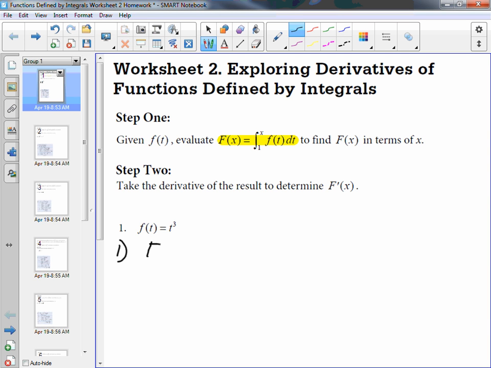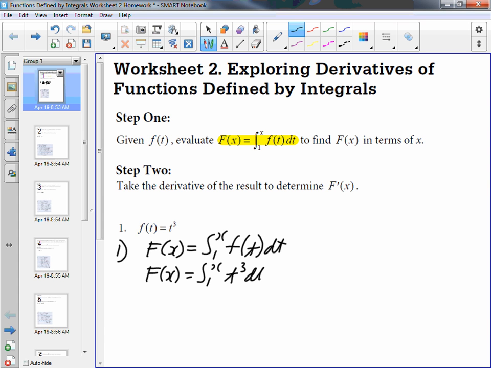Capital F of x equals the integral from 1 to x of f of t dt. And they tell us for this particular problem that f of t is t cubed. So capital F of x equals the integral from 1 to x of t cubed dt.